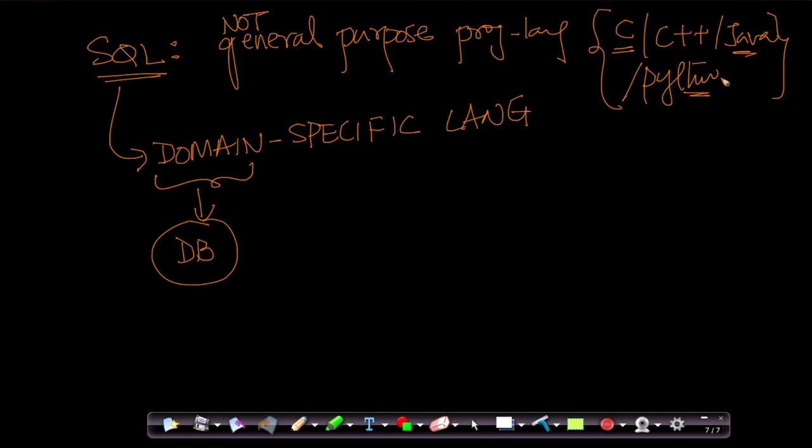SQL cannot be used to build a game, while all these programming languages can be used to build all of them. SQL is a domain specific language whose primary and only task is to efficiently add, modify, delete, and query data in a database. That's what its task is.